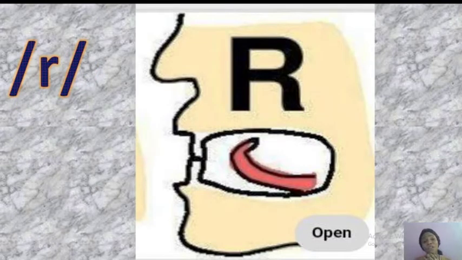Now let's go over to the articulation of the R sound. From the image there, you can actually see that the tongue rises and rolls inwards. It rises and then it rolls inwards. Now, when you want to articulate this sound, all you do is you raise your tongue, let it also touch your alveolar ridge, and then you don't drop your tongue like you did when articulating the L sound.